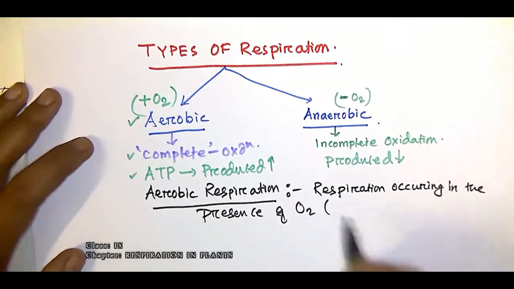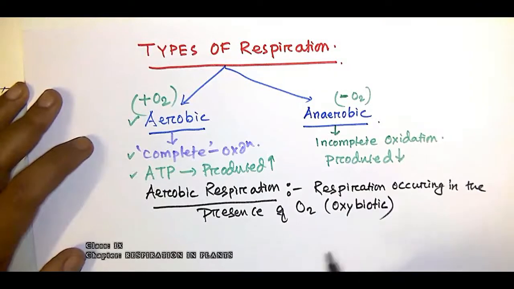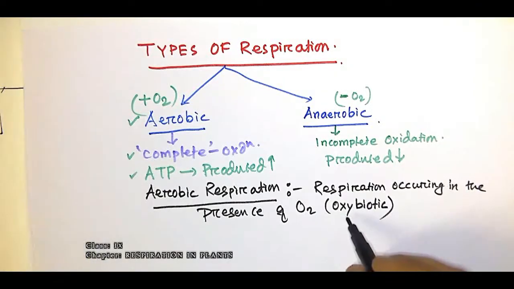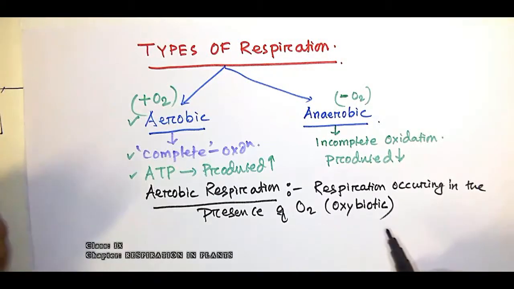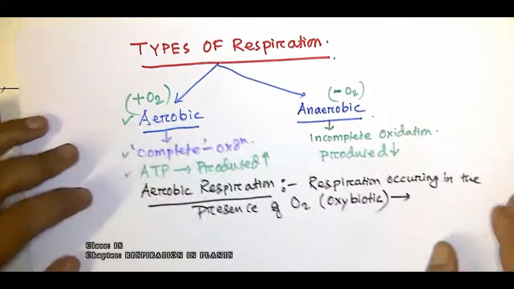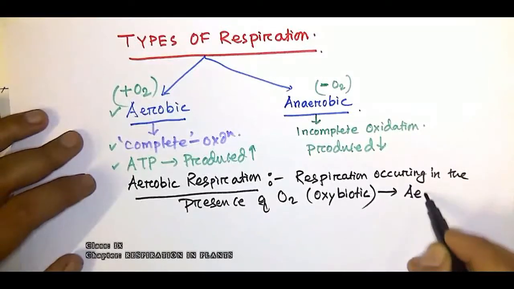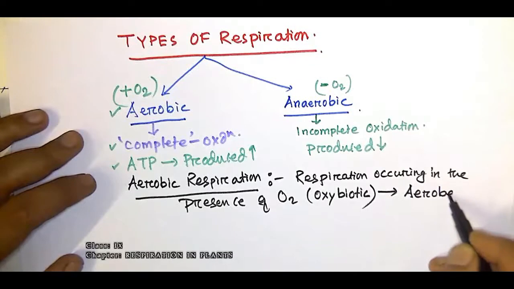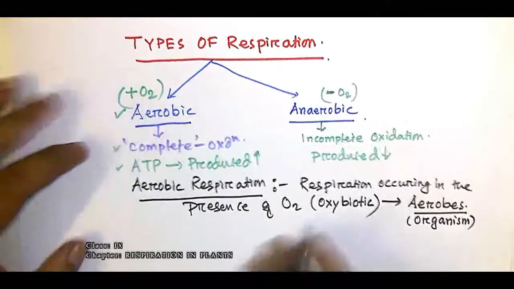Because oxygen is involved, we also call this oxybiotic respiration. Getting the point? Oxygen is involved in the biological system for the respiration, so oxybiotic respiration. And the organisms that perform this type of respiration, we commonly call them aerobes, A-E-R-O-B-E-S. Aerobes are organisms who perform this process of respiration.